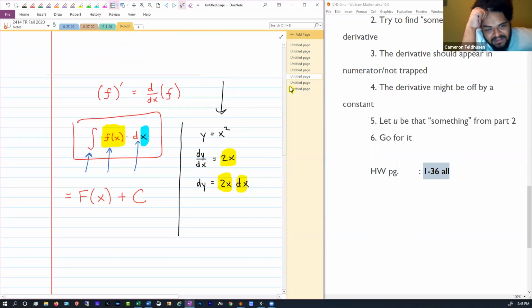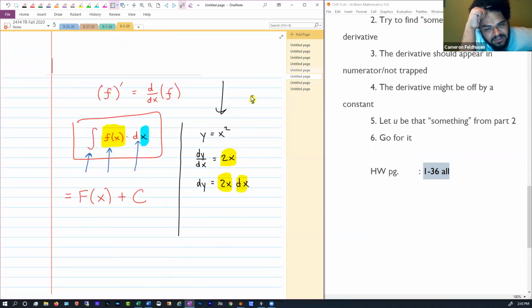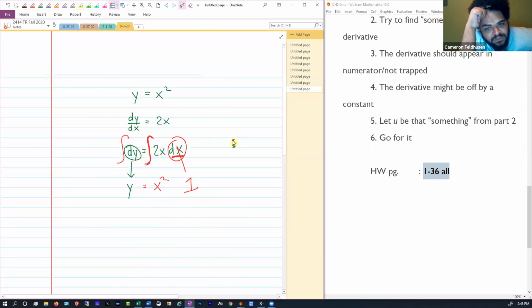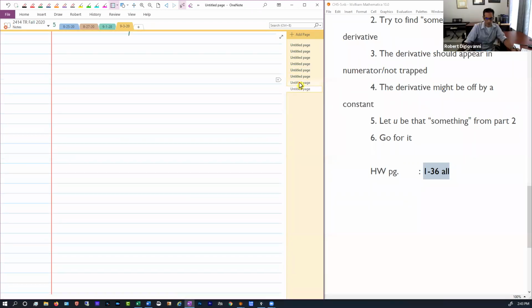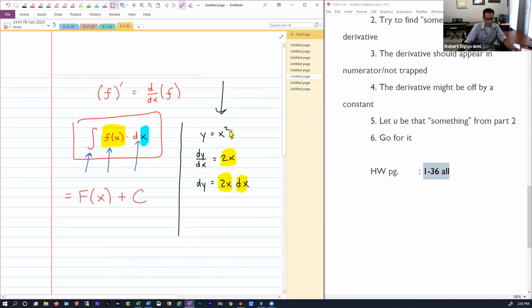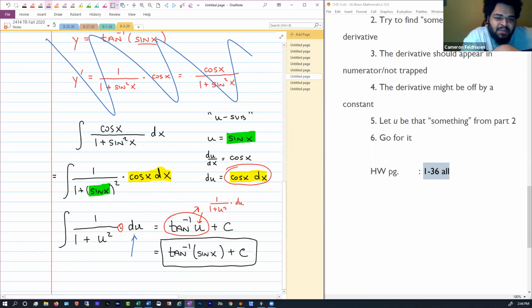Okay. Let me see. Where's the one we did with the cosine? Oh, there it is. So right here, this one made more sense, the du disappearing here.